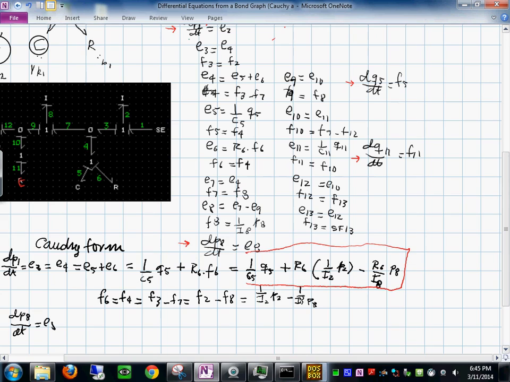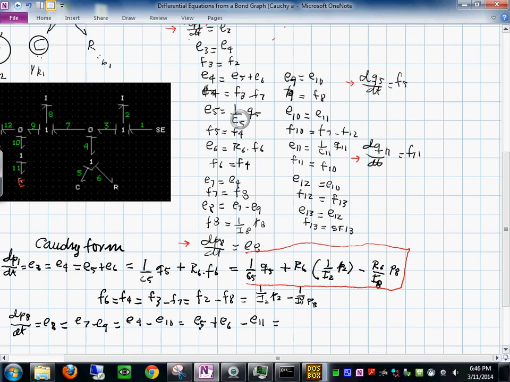This is e sub 8. E sub 8 is e sub 7 minus e sub 9. And e sub 7 is e sub 4. And then e sub 9 is e10. And e sub 4 is e sub 6 plus e sub 5. And e sub 10 is e11.